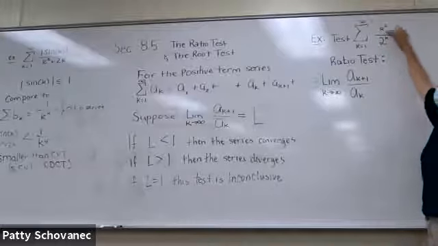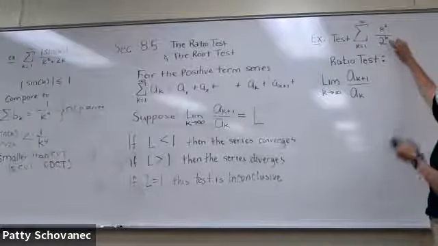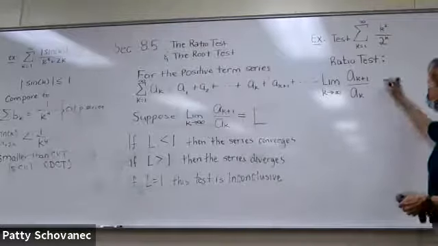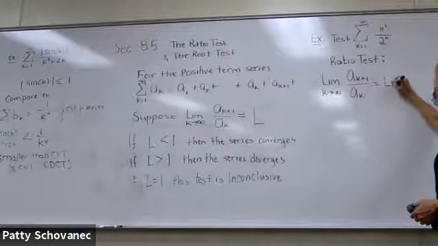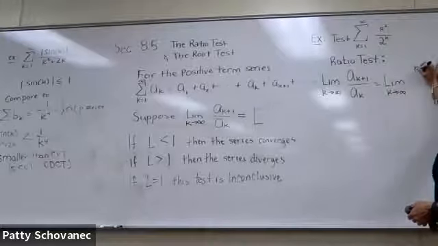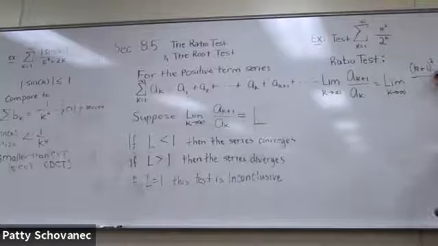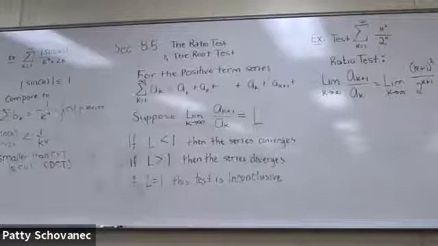So that looks like (k plus 1) squared divided by 2 raised to the k plus 1 power. Then we take that and divide it by the kth term.